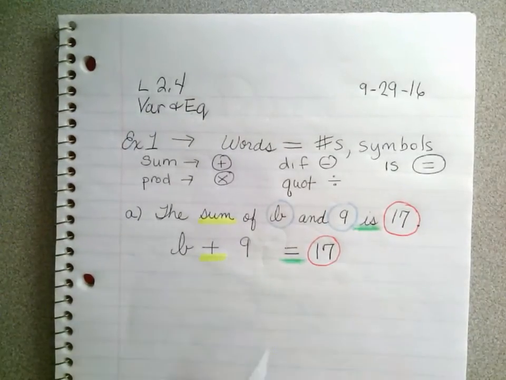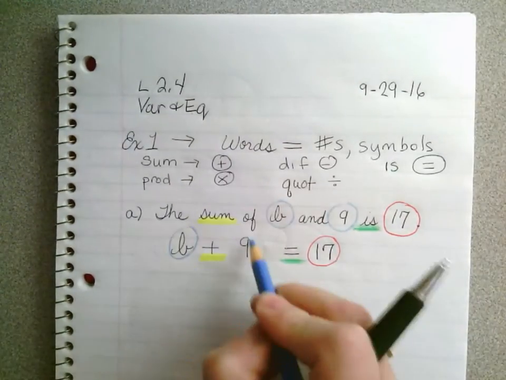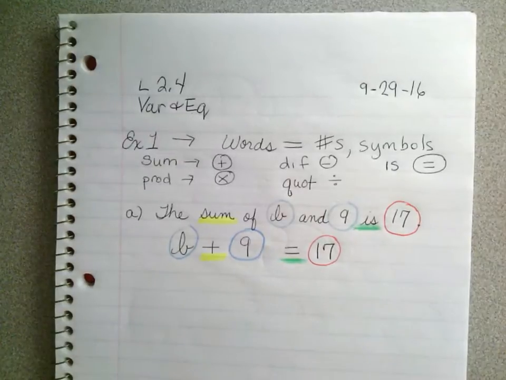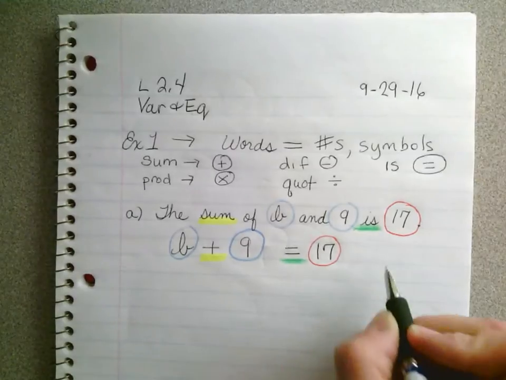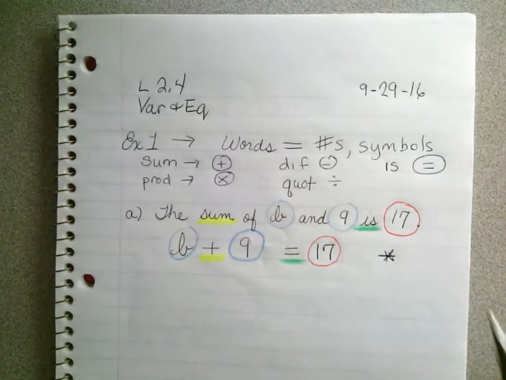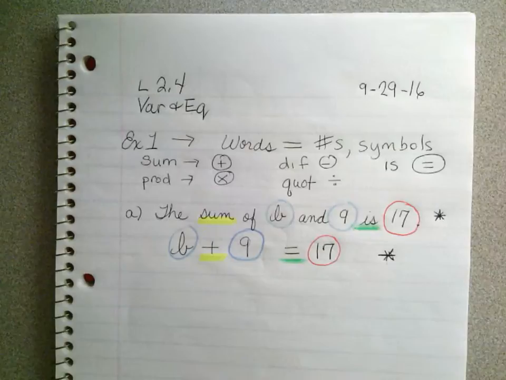Pardon my silly color coding, but each piece of that properly grammatically correct sentence is now translated into a properly mathematically correct equivalent equation. So this here represents that there.